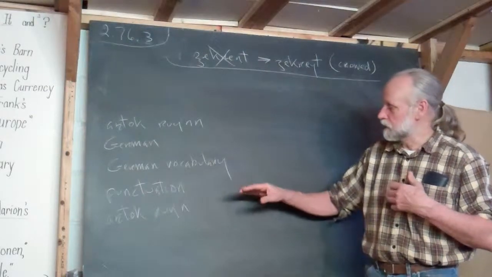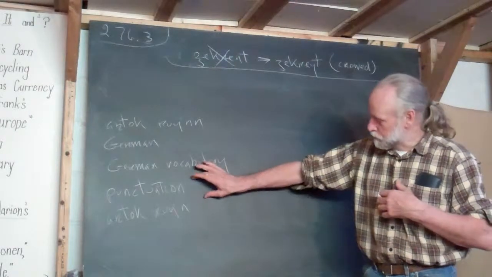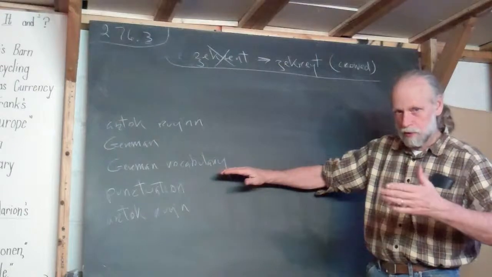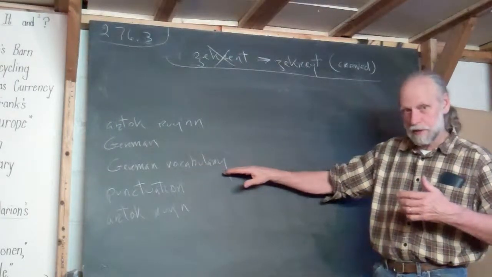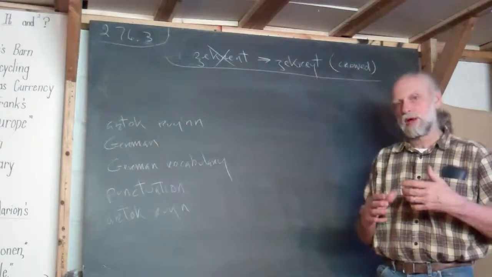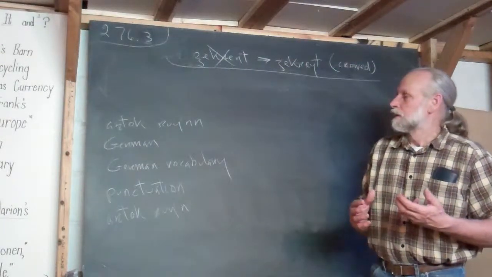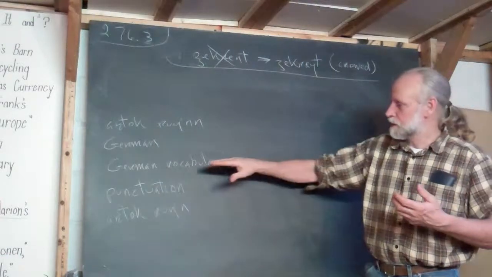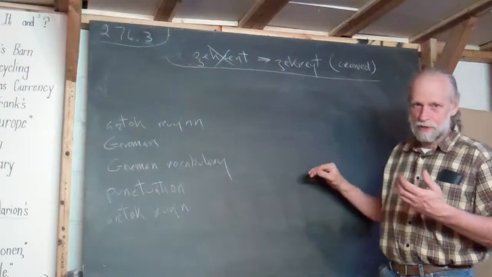Then in the second video, I preserved this, but I put over it, word by word, the German vocabulary for what is said in English, but without the grammar. Then above that, I put German. See, this would make no sense, really, in German.